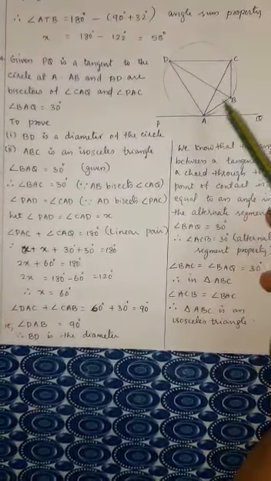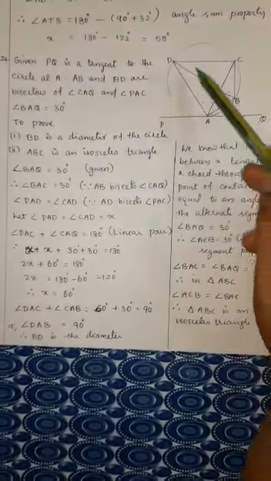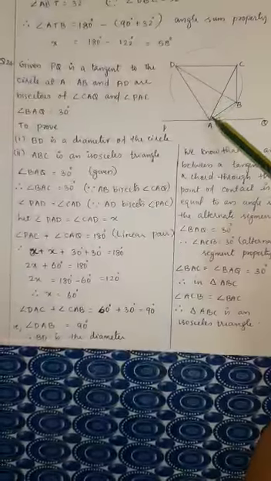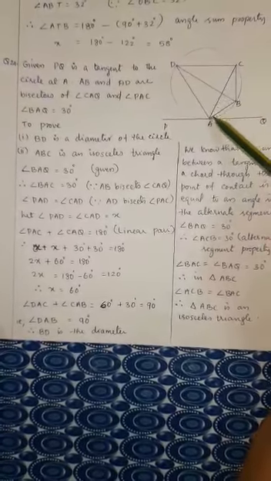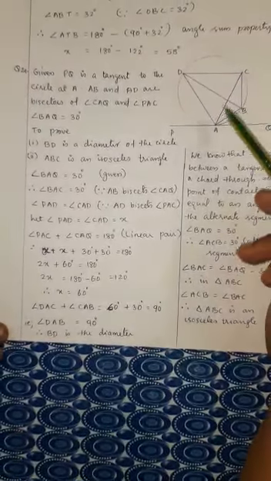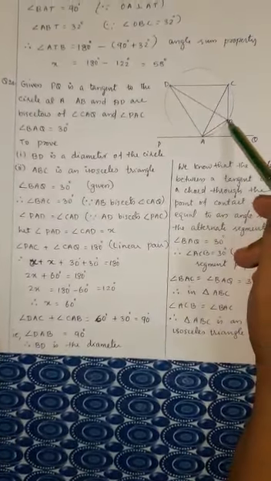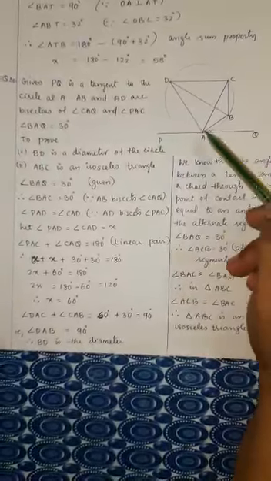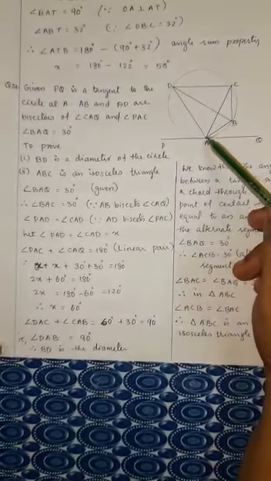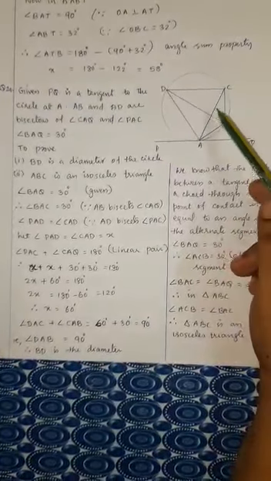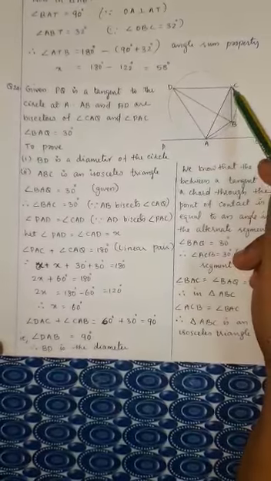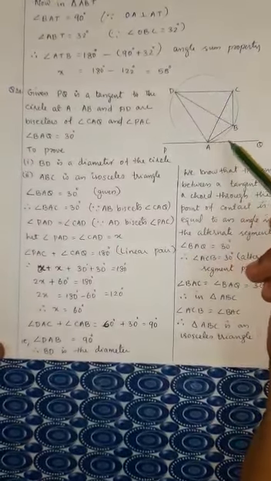To prove BD is the diameter of the circle, second part ABC is an isosceles triangle. Given BAQ is equal to 30 degree. Therefore, BAC is 30 degree since AB is the bisector of angle CAQ.